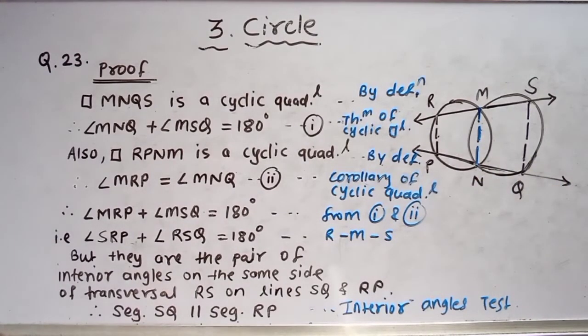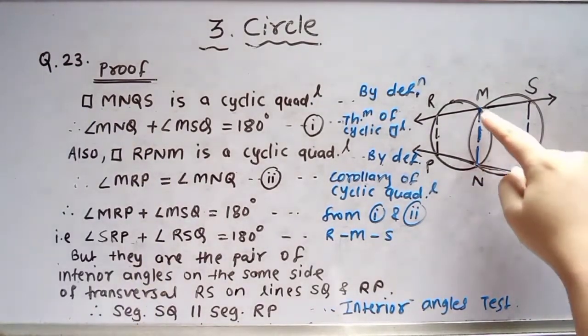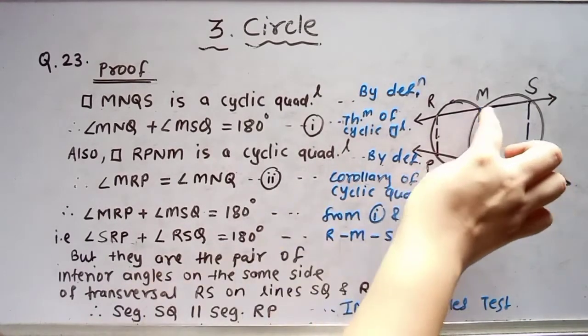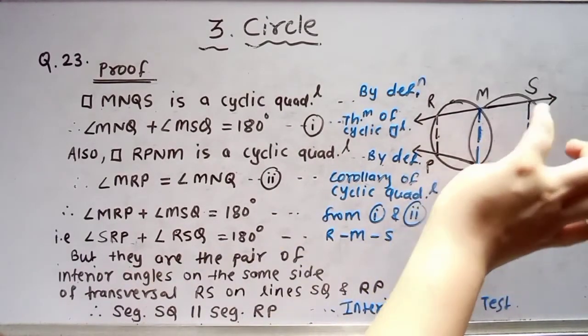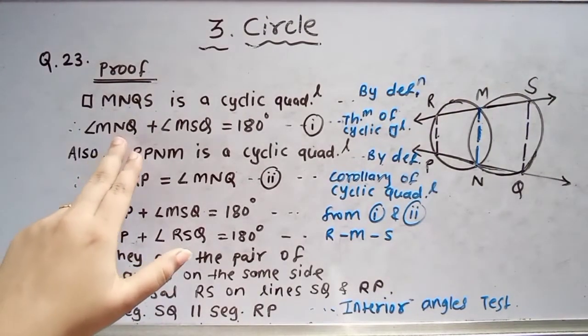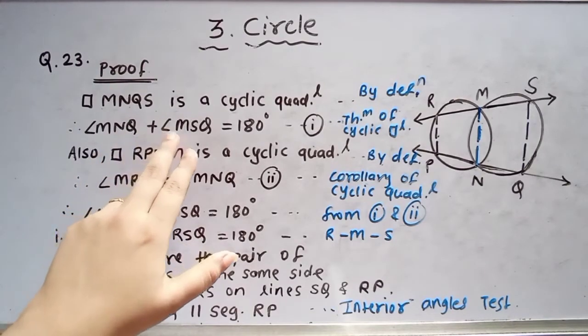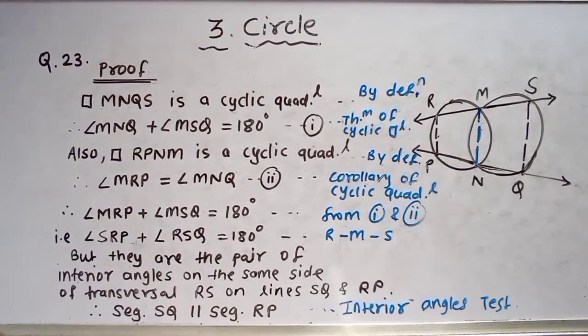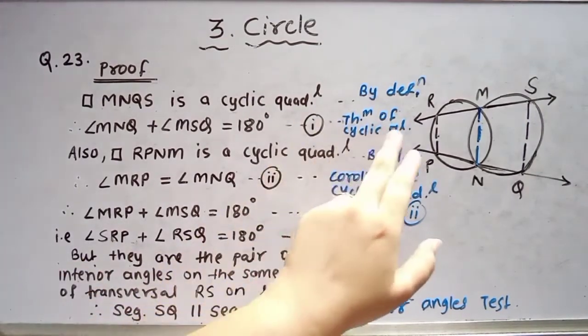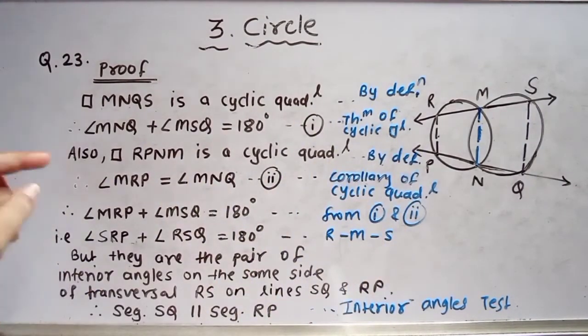So by the definition, we can say quadrilateral MNQS is a cyclic quadrilateral, and the reason is by definition. So what we can write, therefore angle MNQ plus angle MSQ, opposite angles of a cyclic quadrilateral, are what? Supplementary. So we can write angle MNQ plus angle MSQ is equal to 180 degrees. Number it as equation 1. Reason is theorem of cyclic quadrilateral.